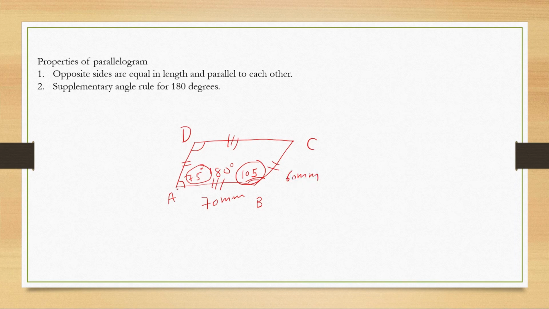So we'll start with AB, make it 70 mm, then make 105 degrees, or you can even make AD 60 mm. Use your drafter or compass to find this point at 70 mm, and this will be 60 mm from here. You have to set the drafter at 105 to make this line. Just as simple as that. Let's move ahead to the next slide.